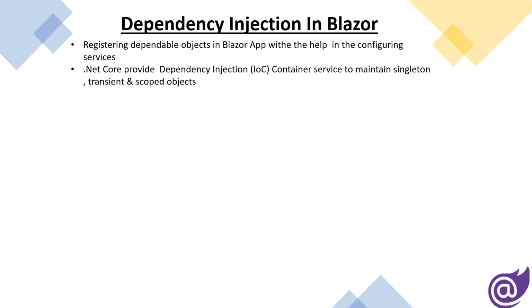We can avoid the creation of dependency class instances to maintain loose coupling. So we need a dependency injection container to maintain all the objects.